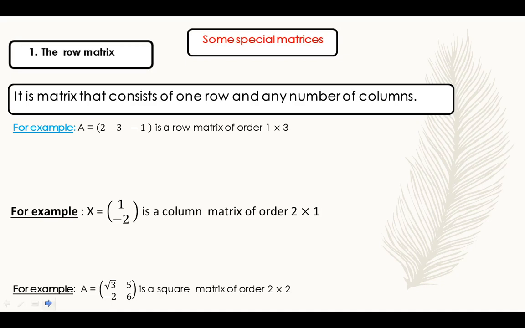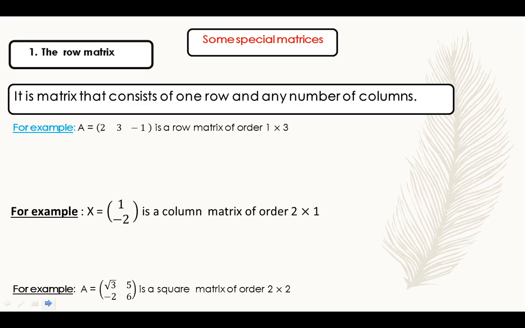Now we are going to learn some special matrices. First, the row matrix. The row matrix is a matrix that consists of one row and any number of columns.